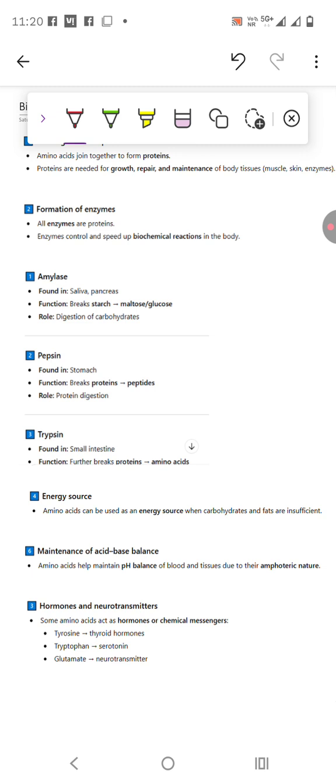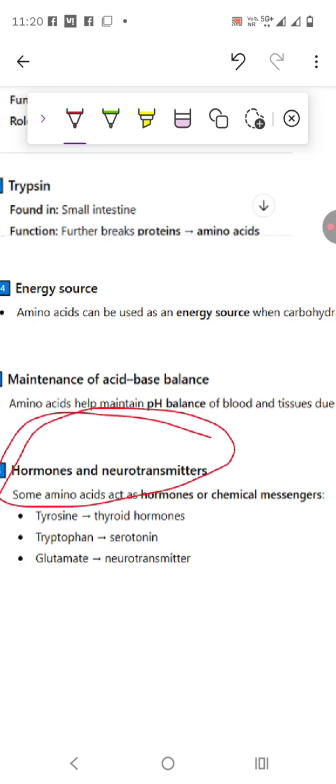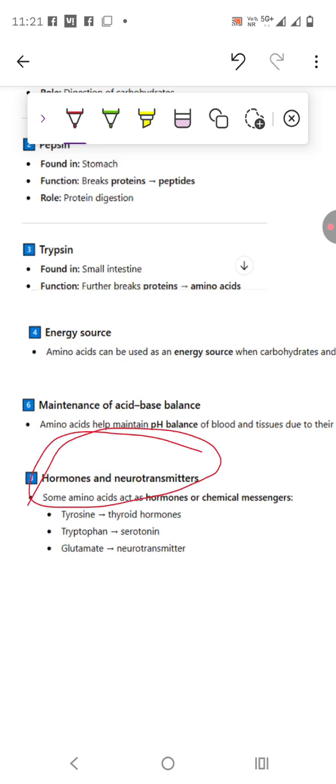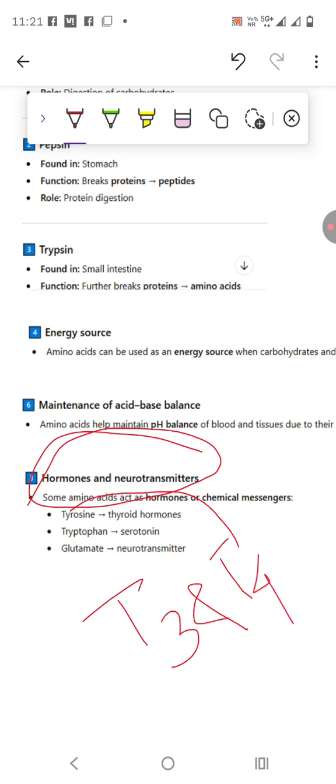Amino acids also act as hormones and neurotransmitters. Like tyrosine. Tyrosine is an amino acid that produces T3 and T4 thyroid hormones, and these hormones control metabolism, growth and energy production.